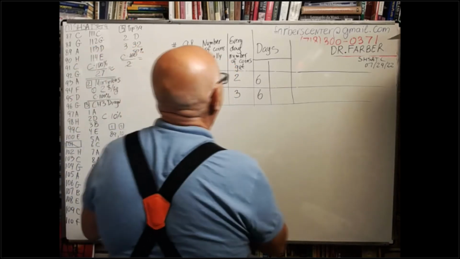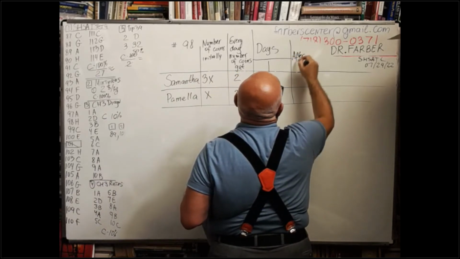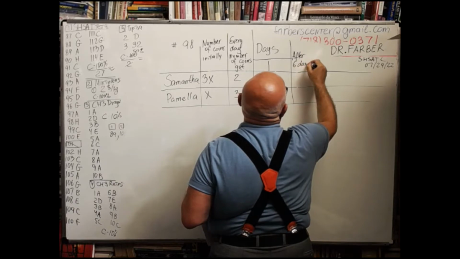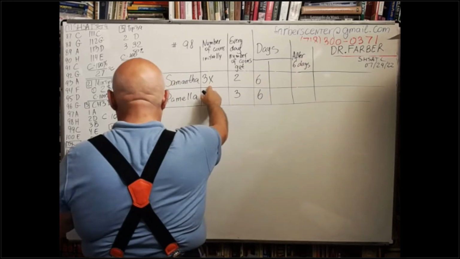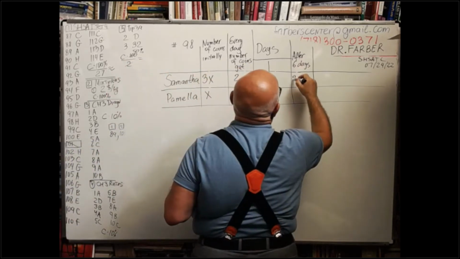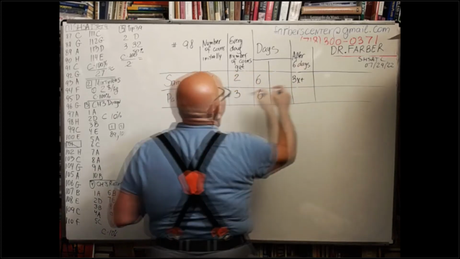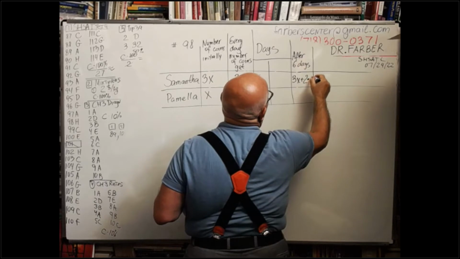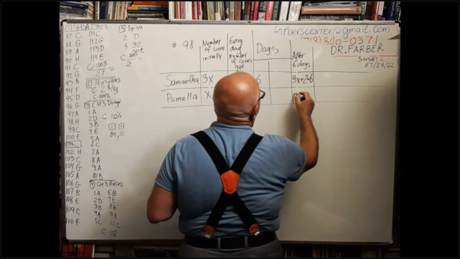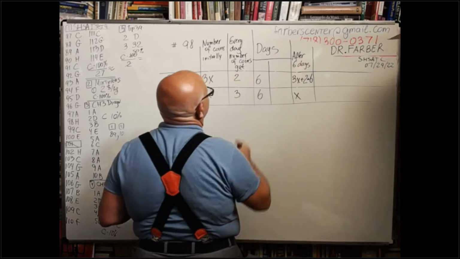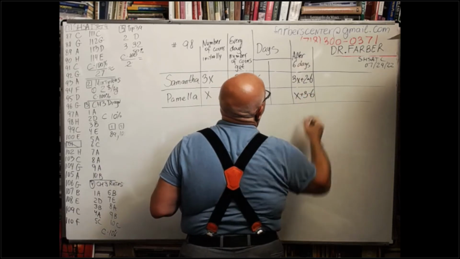So after 6 days, Samantha will get, initially she had 3x plus 2 times 6. And Pamela had initially x, but every day she is getting 3 times 6.